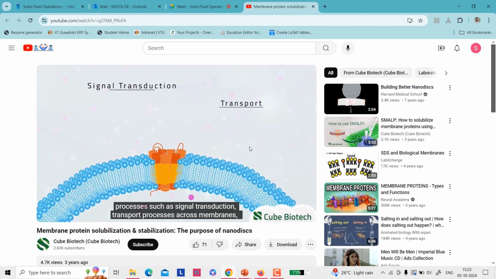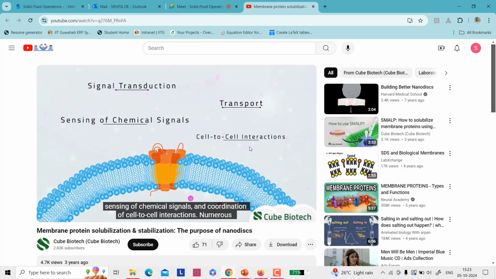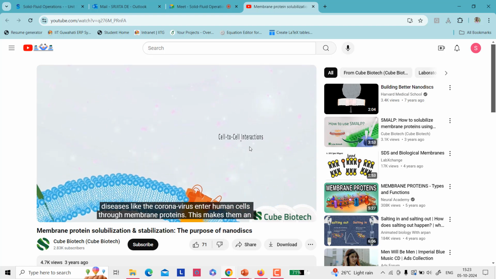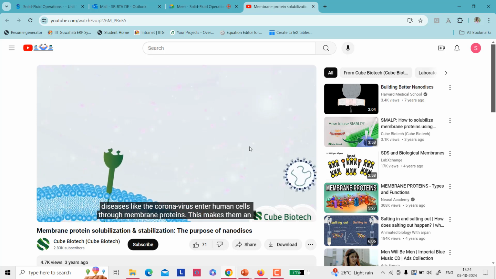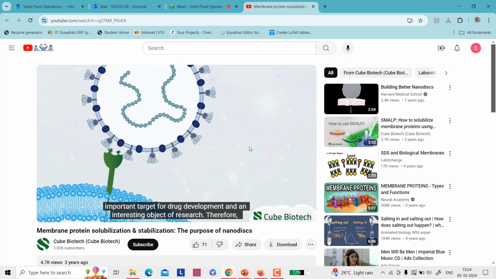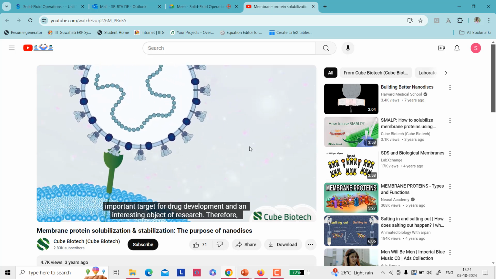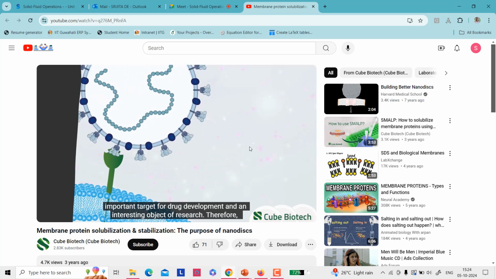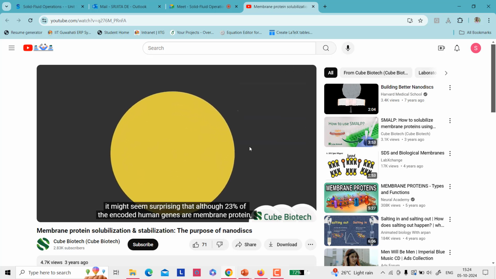Right? Numerous diseases like the coronavirus enter human cells through membrane proteins. This makes them an important target for drug development and an interesting object of research. Therefore, it might seem surprising that although 23% of the encoded human genes are membrane proteins, they only represent 1% of known protein structures.